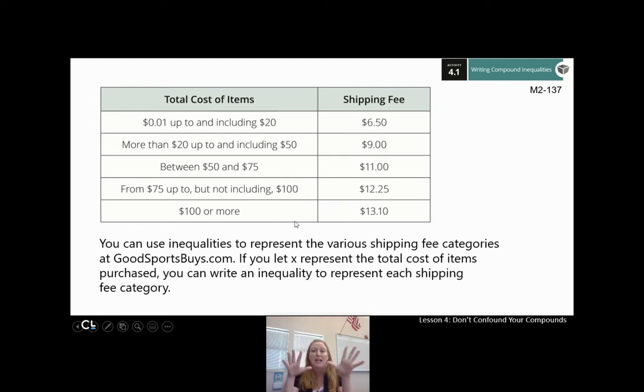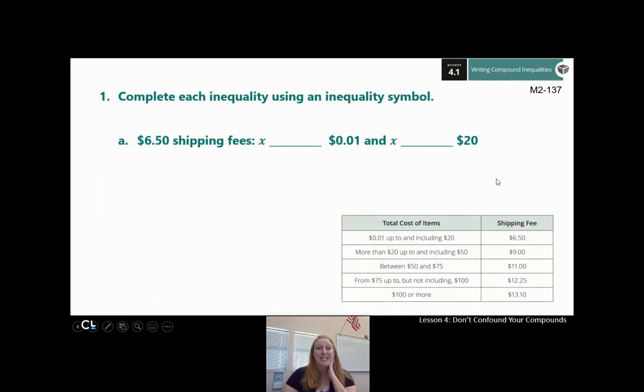They've set it up for you, but you need to read through the table carefully and decide if X is less than, greater than, less than or equal to, or greater than or equal to, and that's what you're going to put in those blanks. So read your table carefully and fill in the blanks on question number 1, parts A, B, C, D, and E. Go ahead and hit pause to work that out and then hit play when you're ready to check your work.